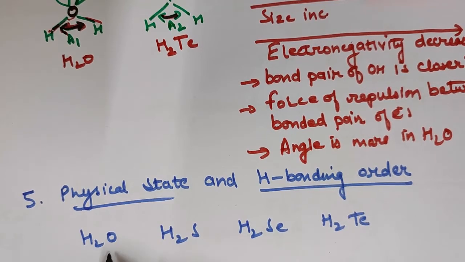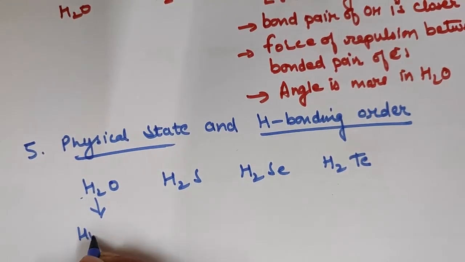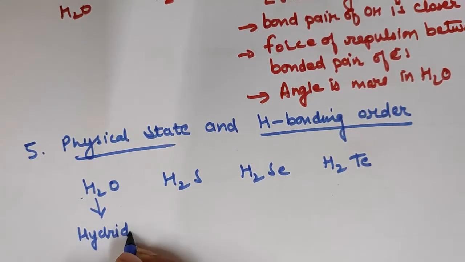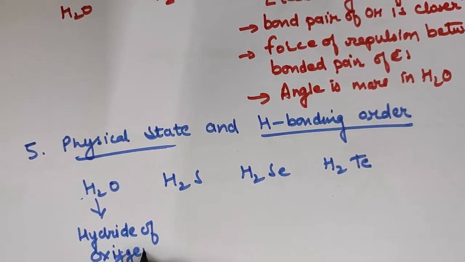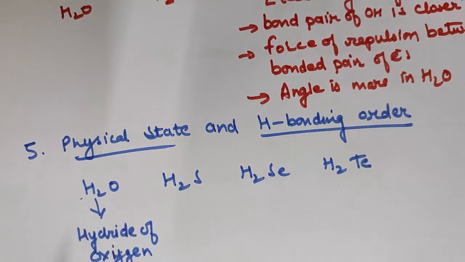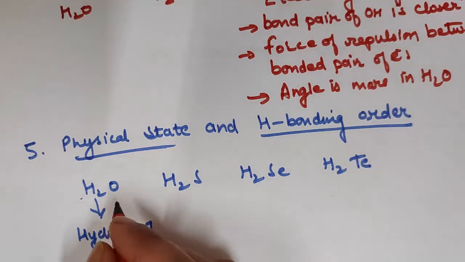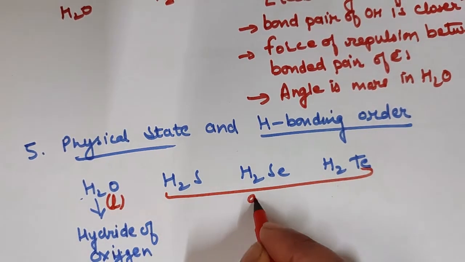What is water? It is nothing but the hydride of oxygen, and we drink it. So H2O is the hydride of oxygen. This is liquid, and the rest are gases. As I already told you, this is liquid and the rest of these are gases.